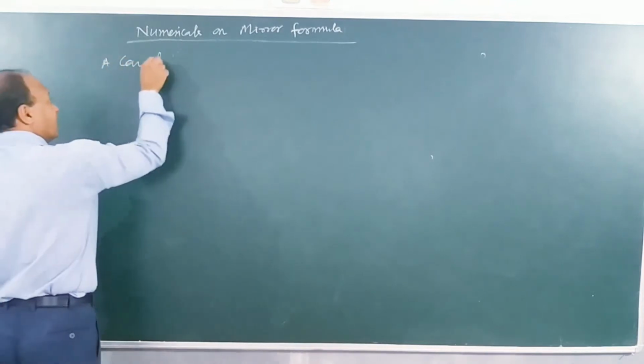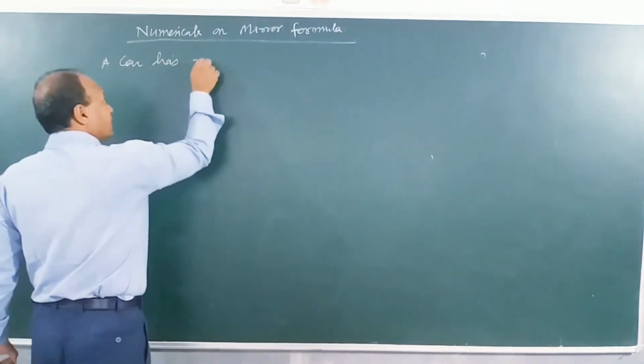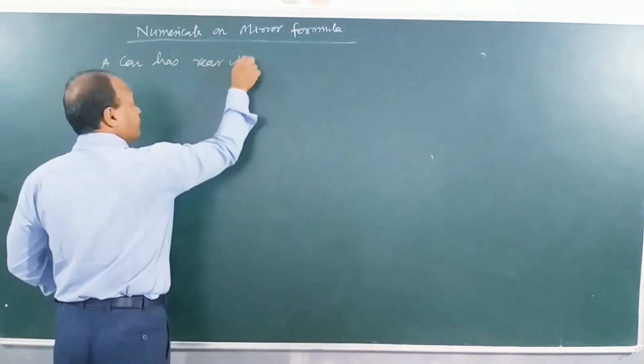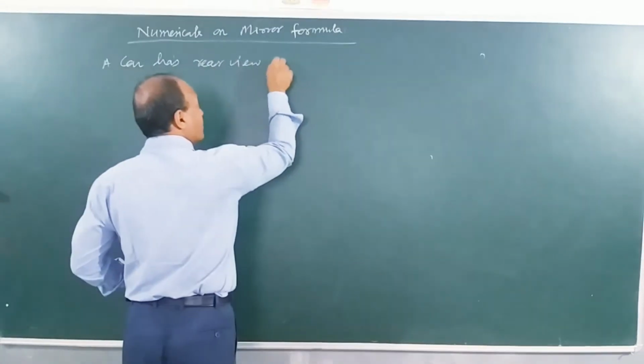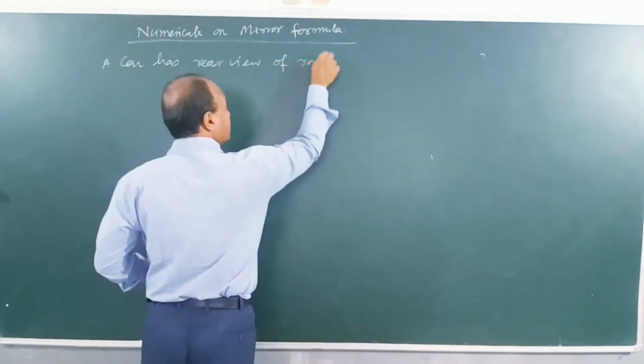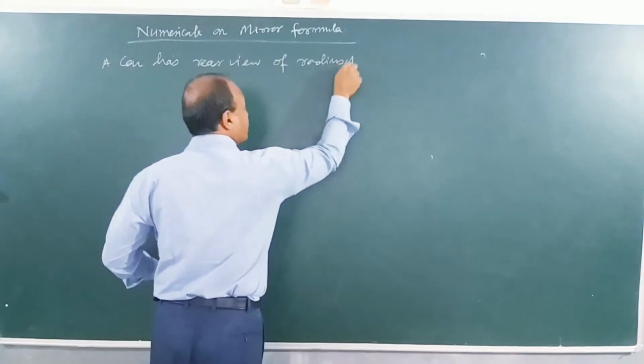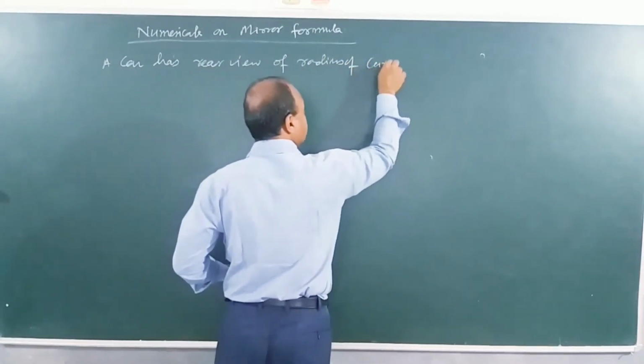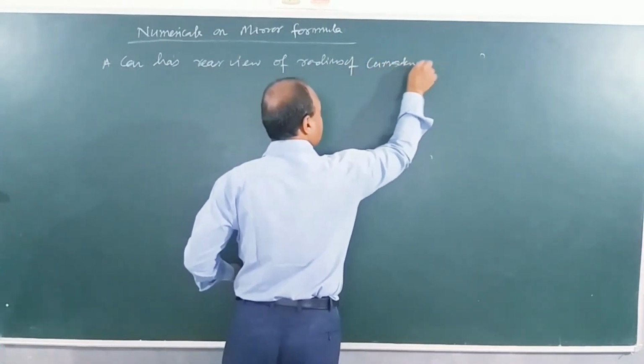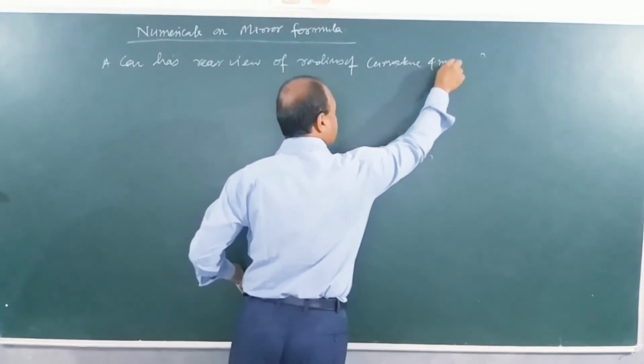A car has a rear view mirror of radius of curvature 4 meter.